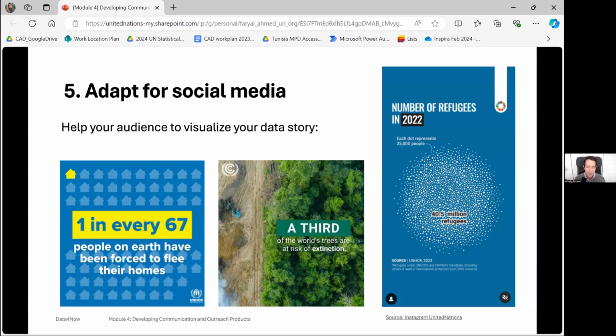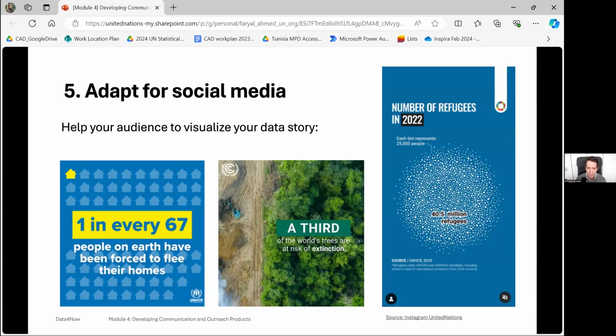These are different posts from the United Nations Instagram feed that try to help people visualize data very quickly, and what is at stake or what the issue is.